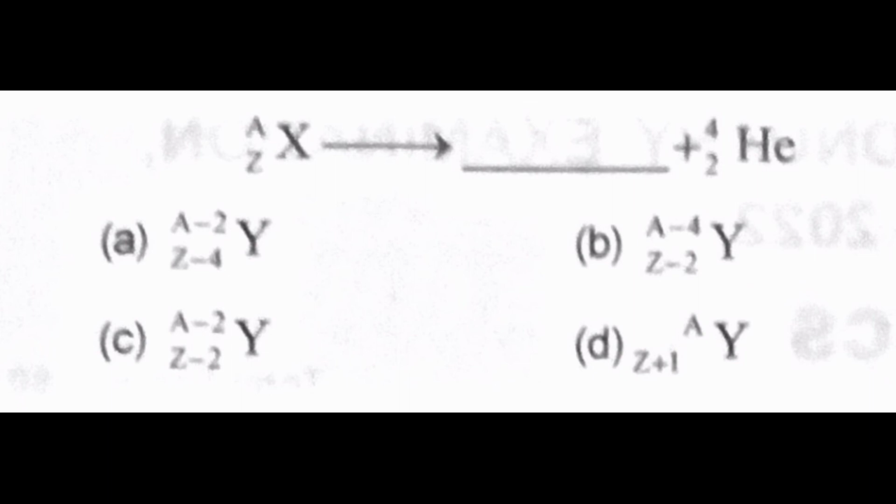We know that in alpha emission, the atomic number decreases by 2 and the mass number decreases by 4, forming a daughter nucleus. So Z minus 2 and A minus 4. The answer is option B, Y Z minus 2 A minus 4.